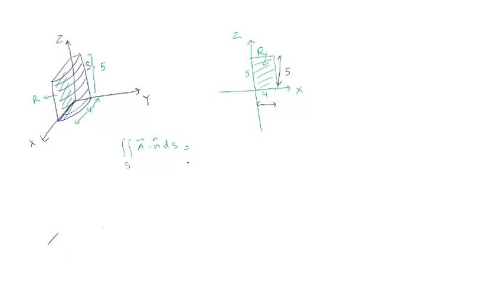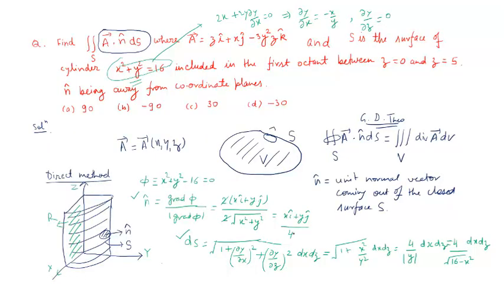Now, if we substitute the different values of A, n, ds, and now the resulting surface integral is over R, we can rewrite the given surface integral as an integral over R with A. A was z i cap plus x j cap minus 3y square z k cap, taken dot product with n cap, and n cap was (xi plus yj) divided by 4, and ds was 4 upon square root of 16 minus x square dx into dz.